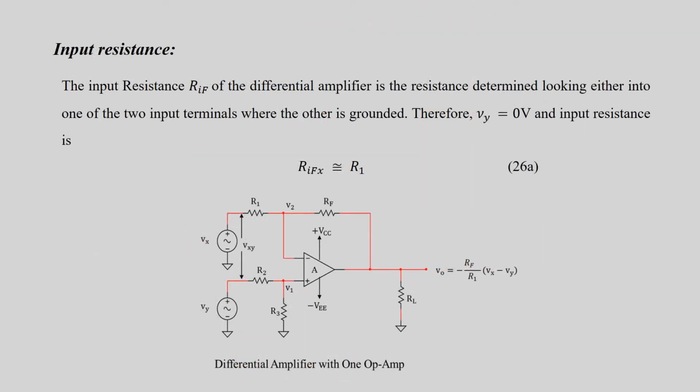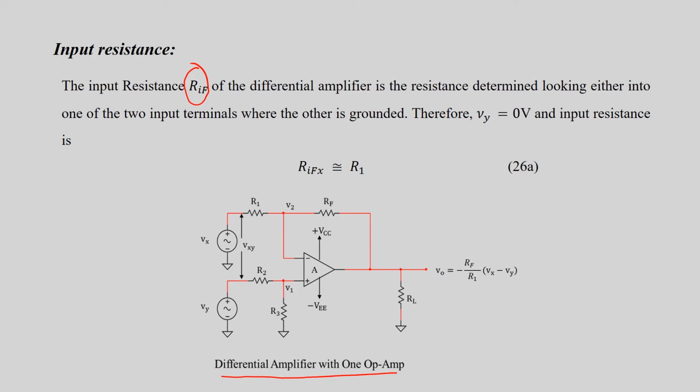So the next topic is the input resistance of differential amplifier with one op amp. So the input resistance RIF, with feedback, of the differential amplifier is the resistance determined looking into one of the input terminals when the other terminal is grounded.